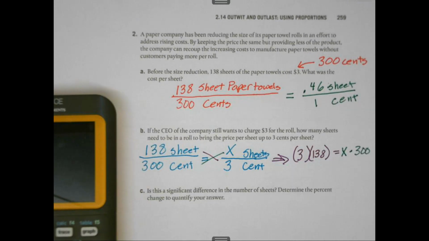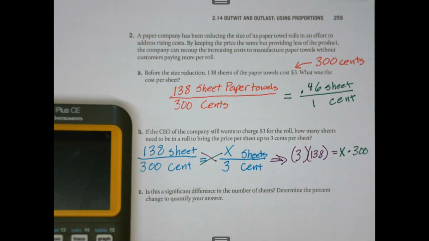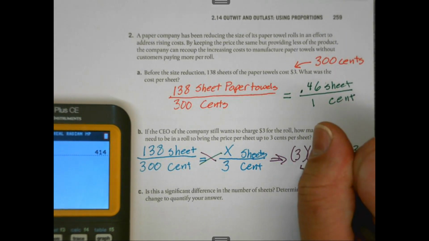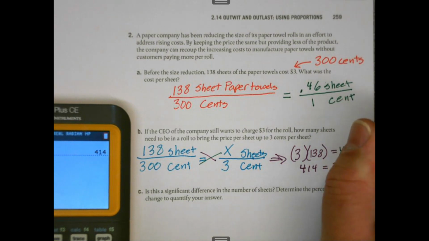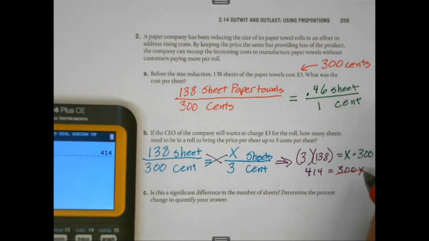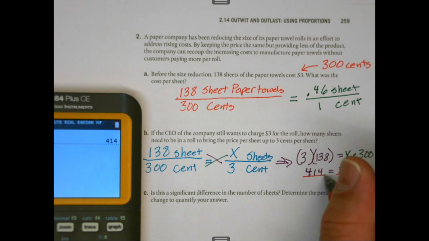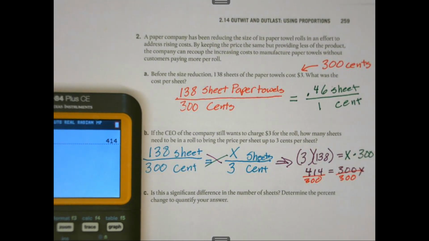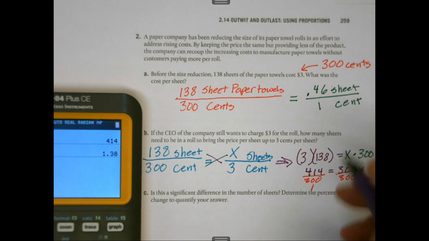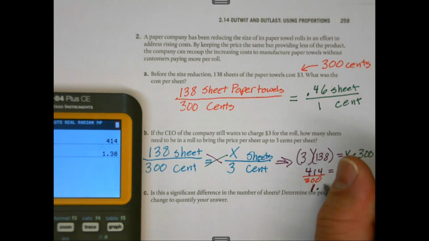And then we want to divide by the coefficient 300. And we get 1.38 equals x. So it's how many sheets? 1.38 sheets per x.